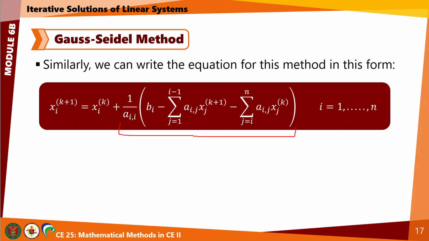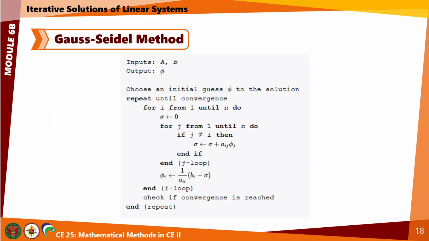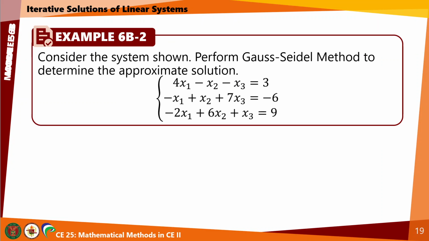Ibig sabihin, it approaches zero kapag mas lumalapit sa solution yung variable x natin. Okay? So, this is a sample algorithm on how to apply yung ating Gauss-Seidel method. Pero, syempre, you can also design your own para mas madali nyo magets. Now, we also apply yung Gauss-Seidel method sa same example natin kanina from the Jacobi method.